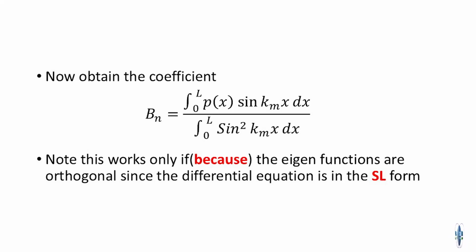If the differential equation that we have talked about is in the so-called Sturm-Liouville system, or equivalent to some kind of a Sturm-Liouville system, then you can show that this function and this function are going to be orthogonal. Otherwise, no.